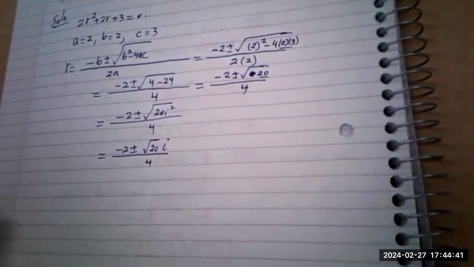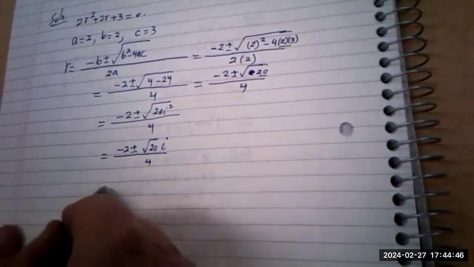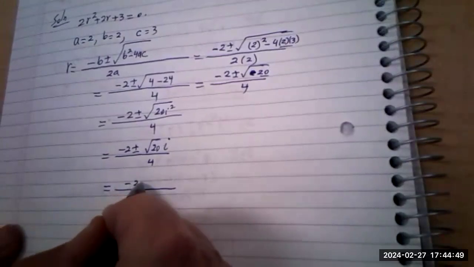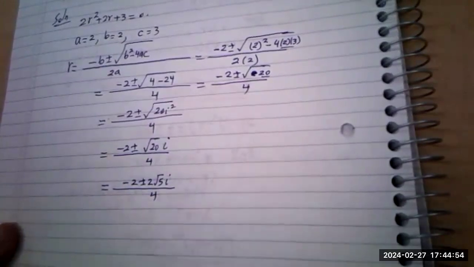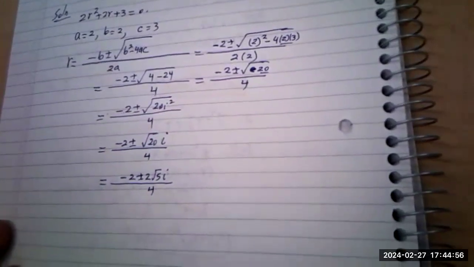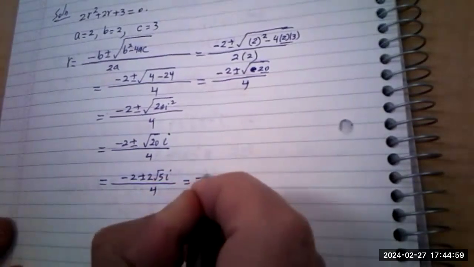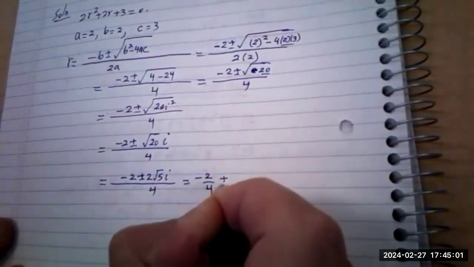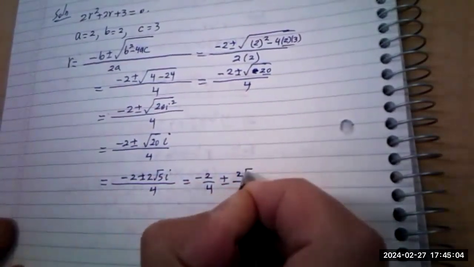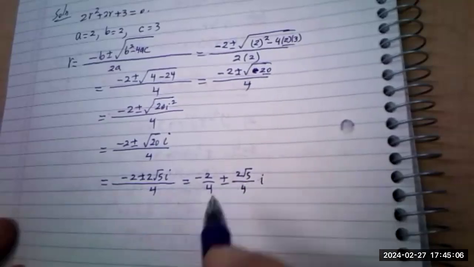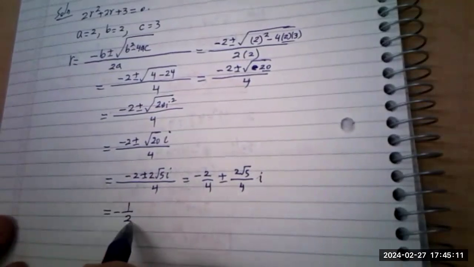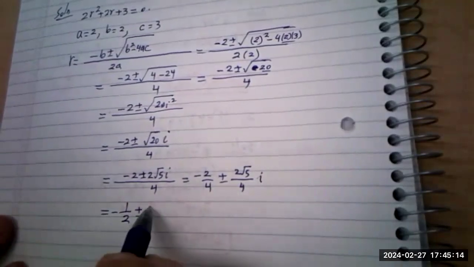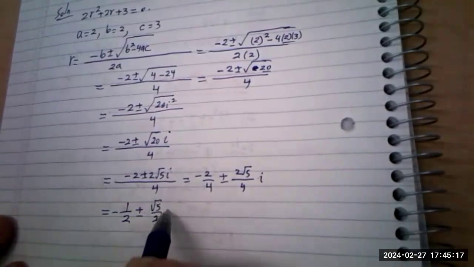Radical 20 simplifies: it's 4 times 5, so 2 radical 5. So it's negative 2 plus or minus 2 radical 5 times i, over 4. Break it up to identify alpha and beta: negative 2 over 4 plus or minus 2 radical 5 over 4 times i. Simplify: negative one half plus or minus radical 5 over 2 times i.